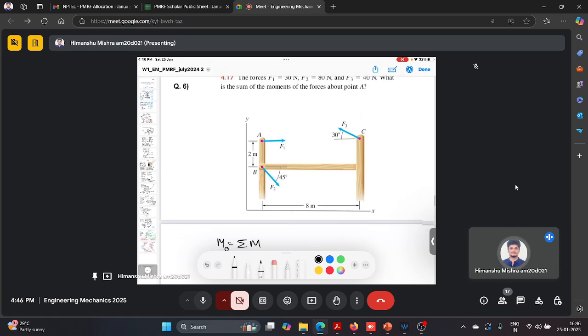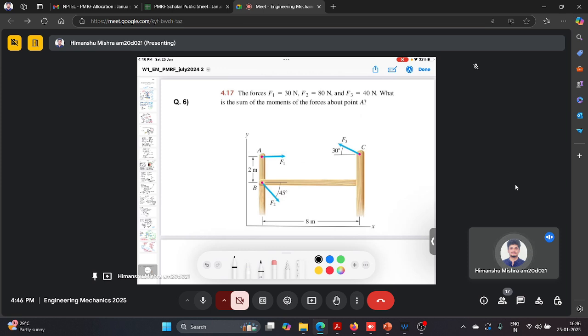So let's say in this problem, I am defining the clockwise direction of moment as positive and the anti-clockwise moment as the negative direction. Now in this question we have been given three forces, F1, F2 and F3, and we need to find the moment at point A. So there are two things to note.